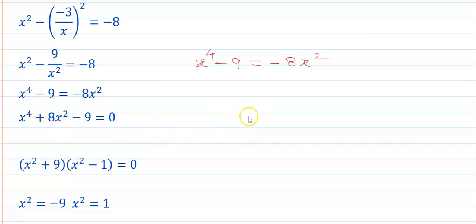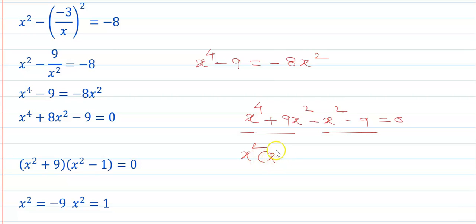Again, while factorizing this, what is that? x raised to 4 plus 9x square minus x square minus 9 is equals to 0. You can take x raised to 2 as a common.